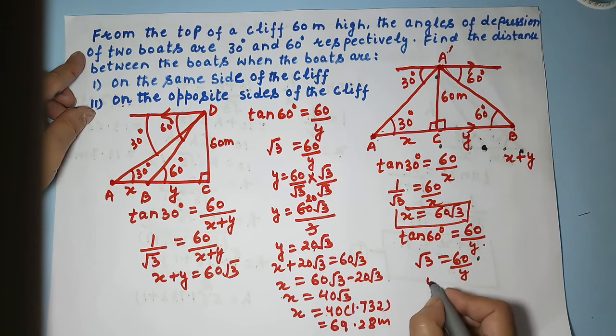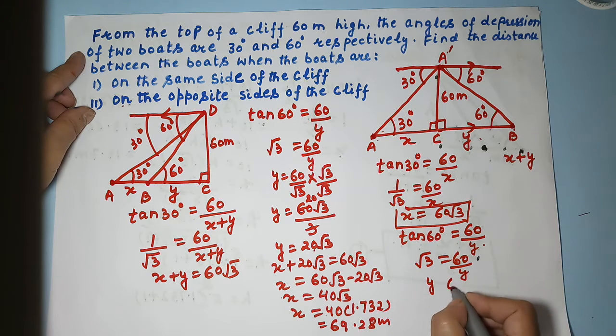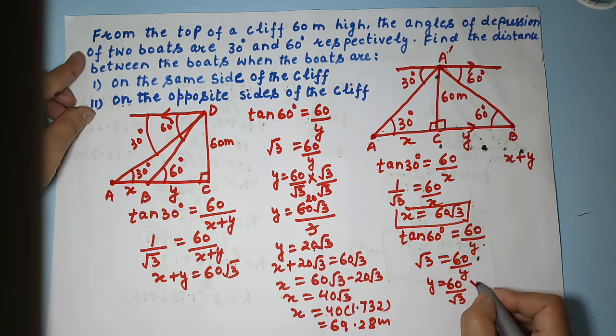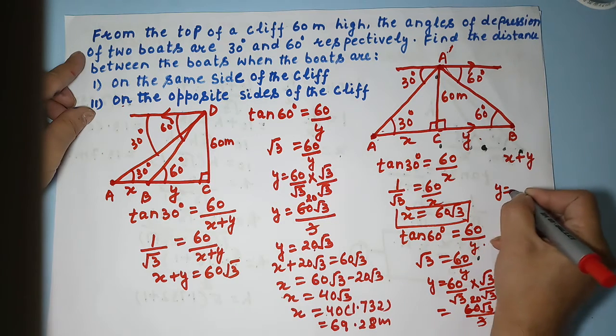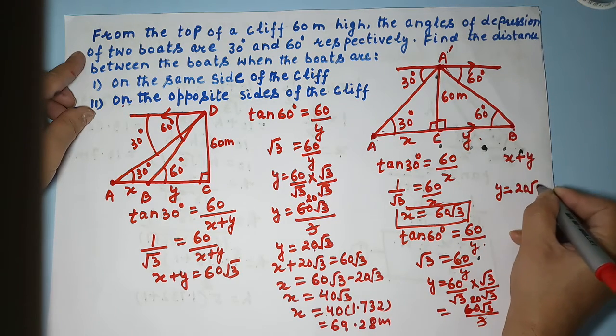Now this y will go here and root 3 will come here. So I will get 60 upon root 3. So if I rationalize this, I will get 60 root 3 upon 3. 3 20s are 60. So my y is 20 root 3.